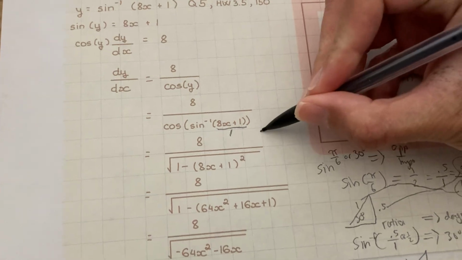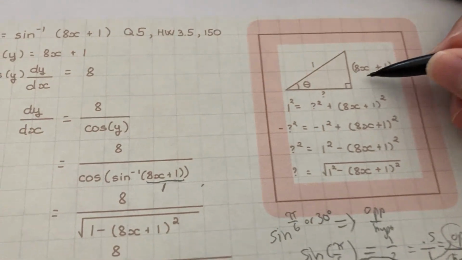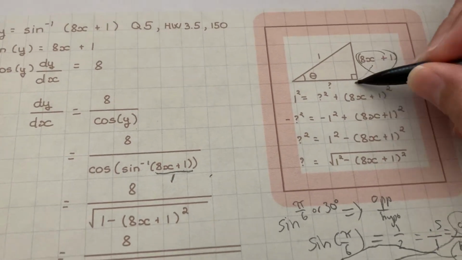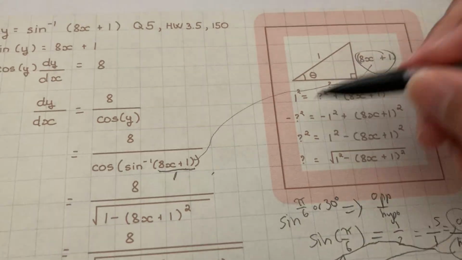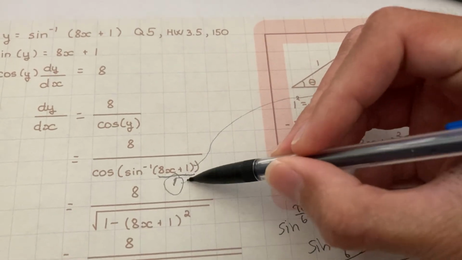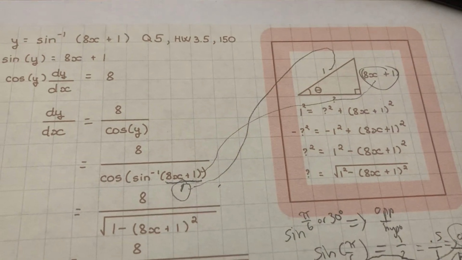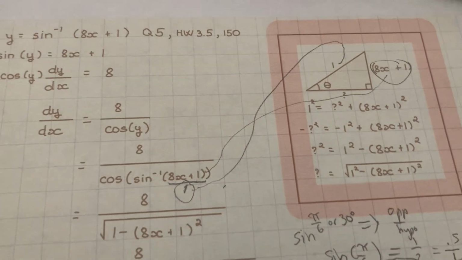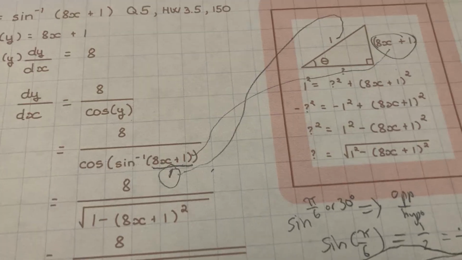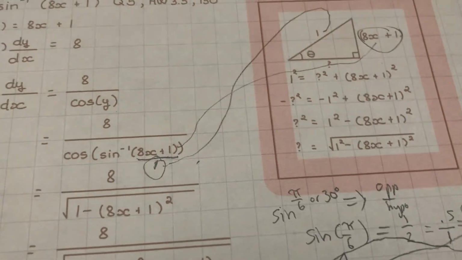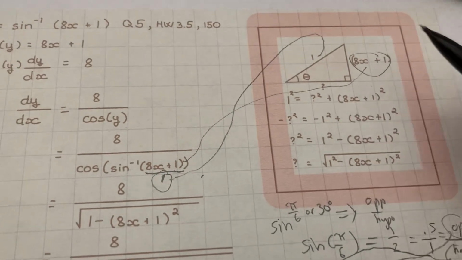If we form this triangle, this is the opposite, and because there's an implicit 1, this is the hypotenuse of that imaginary triangle, because all inverse sine functions are referring to triangles, or the unit circle triangle.